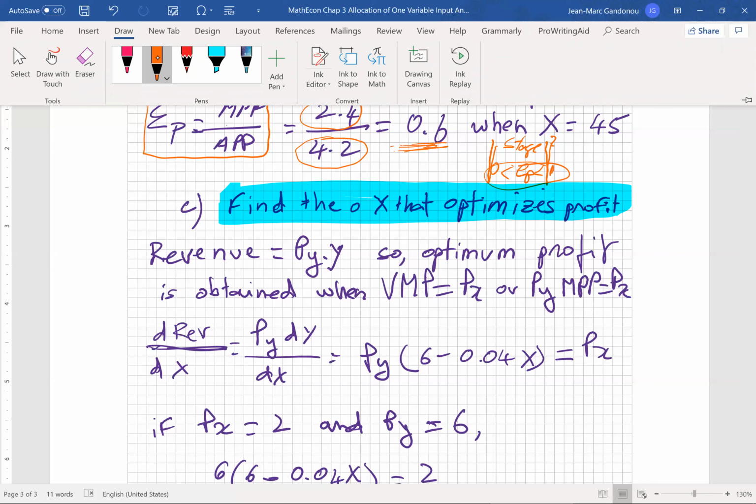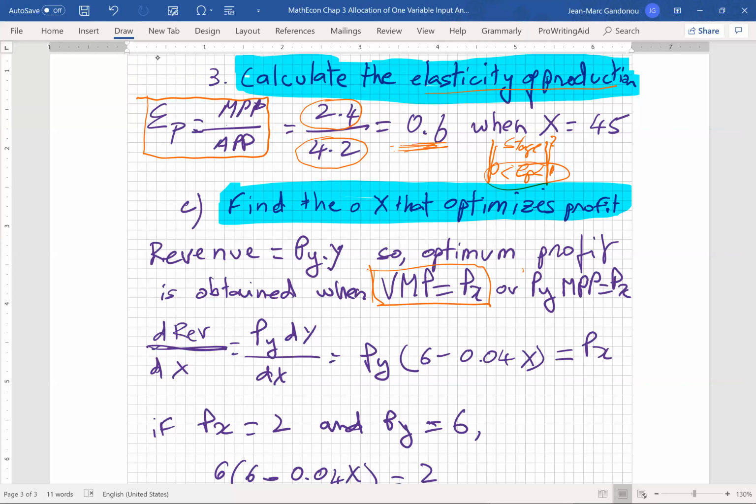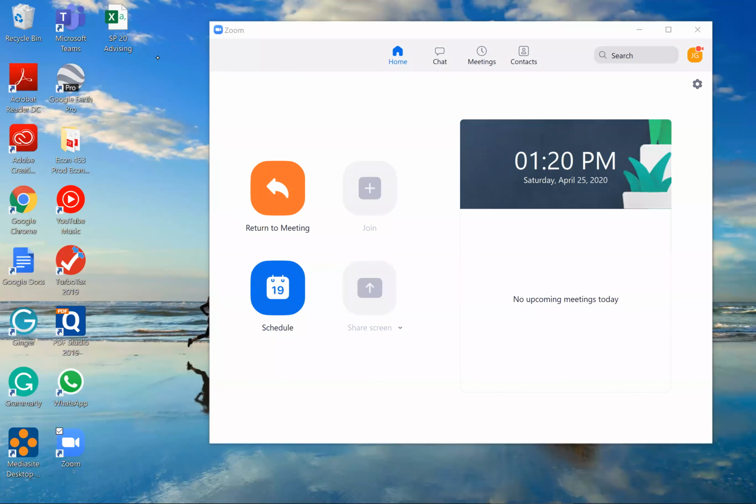So if we want to optimize profit, we are back to our other formula here. We can compute the derivative of revenue. Revenue is px times x, and so the derivative of revenue over x is px times the derivative of y with respect to x.